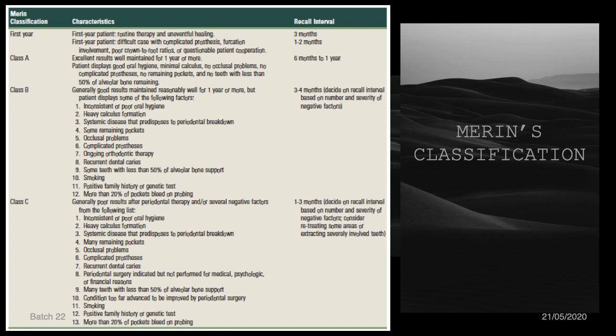Then the patient should be recalled every 3 to 4 months for the rest of the time.